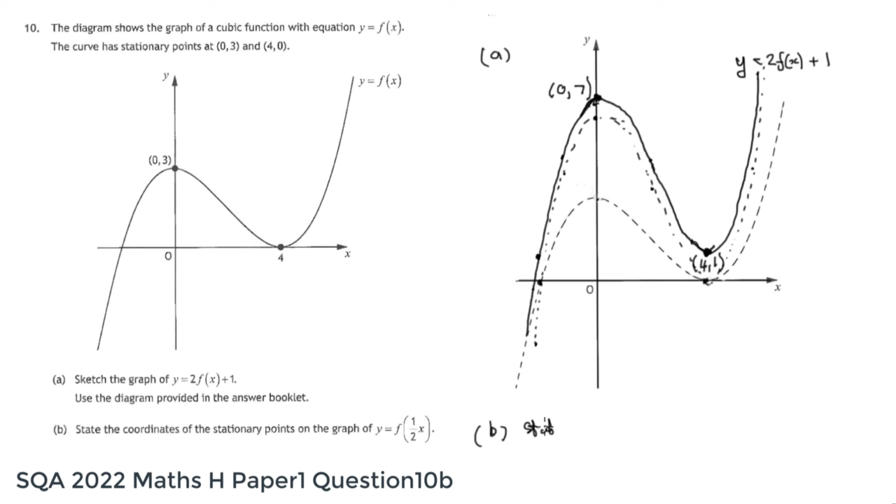Stationary points are (0, 3) as before, and this is the point that will move out by a factor of 2 from the origin, so it will become (8, 0).